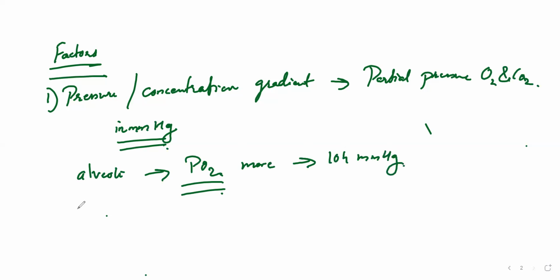Whereas in the blood capillaries it is less, about 40 mmHg. So where will that O2 diffuse? O2 is going to diffuse into the capillary blood.